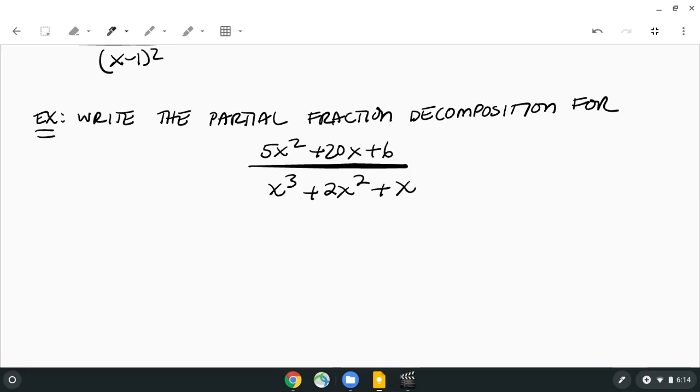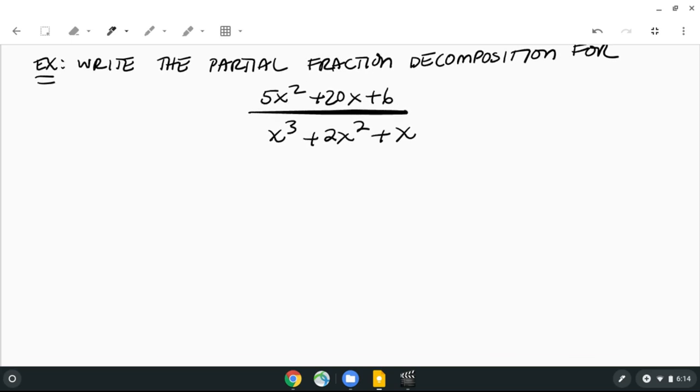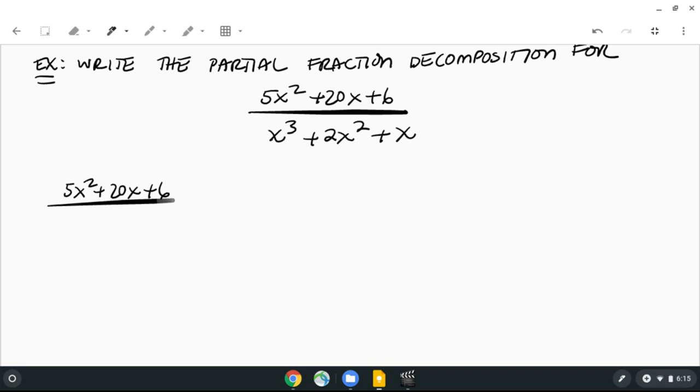Again, it's all still the same concept. We still need to factor out that denominator. I'll factor out an x, and I'm left with x squared plus 2x plus 1. I can still factor that some more.